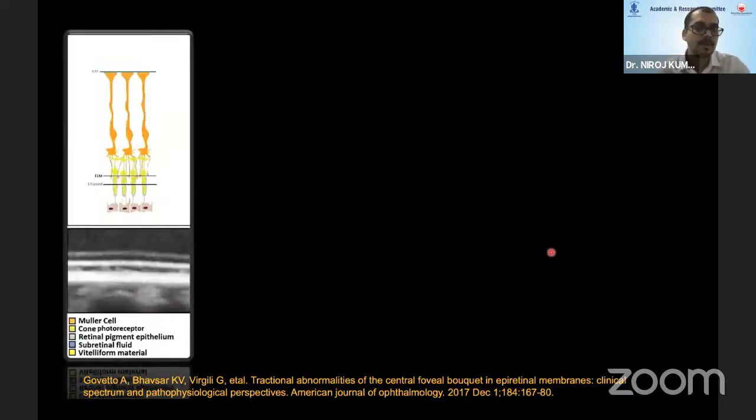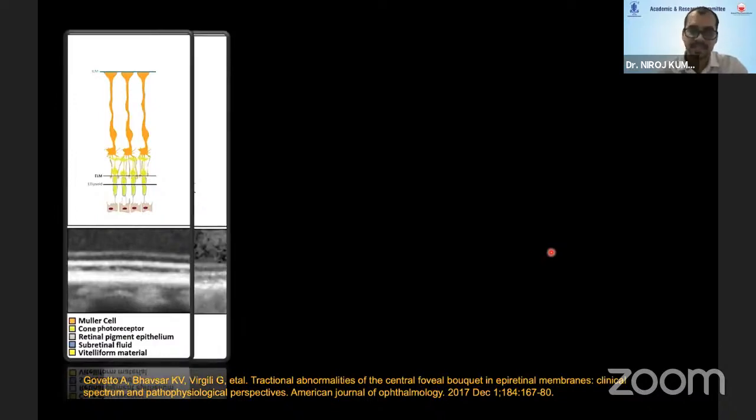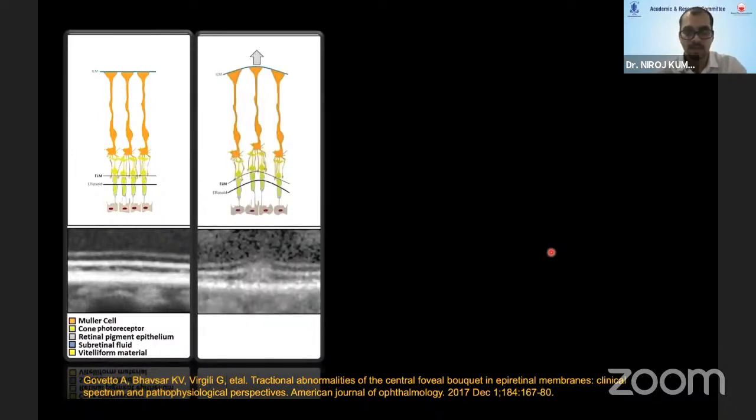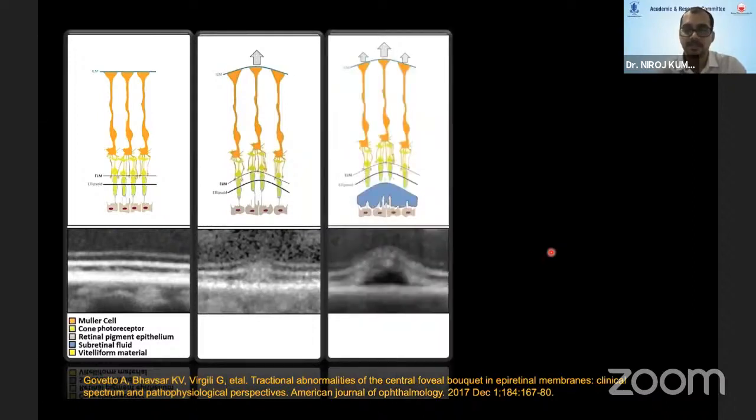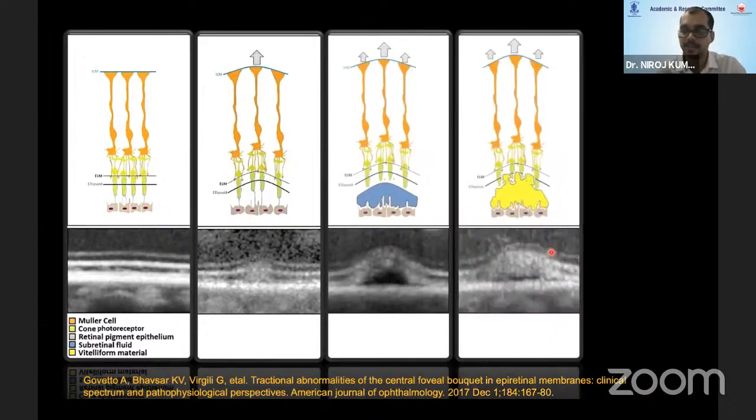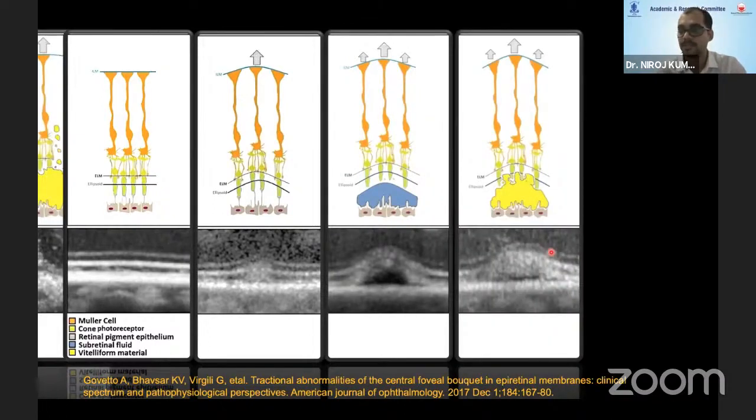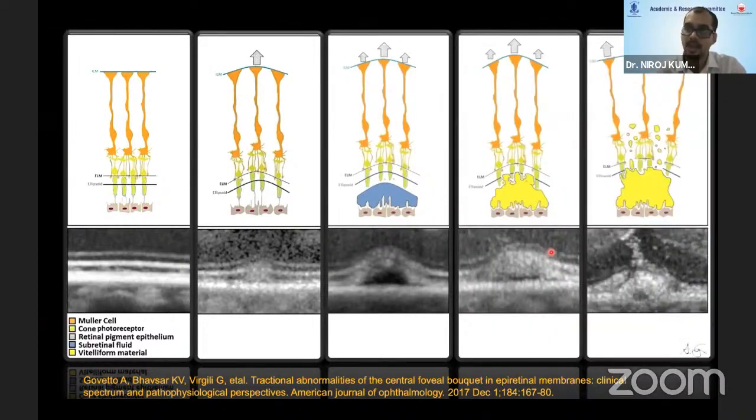So the sequence of progression of the central bouquet abnormalities can be visualized through these diagrams. The Muller cells having no traction on the cones, resulting in no distortion of the central bouquet. When the traction increases, it initially forms the cotton ball sign, which again increases to form the foveolar detachment, followed by the vitelliform deposits. And sometimes the deposits may migrate into the inner retinal layers, along with some amount of disruption of ellipsoid and ELM.